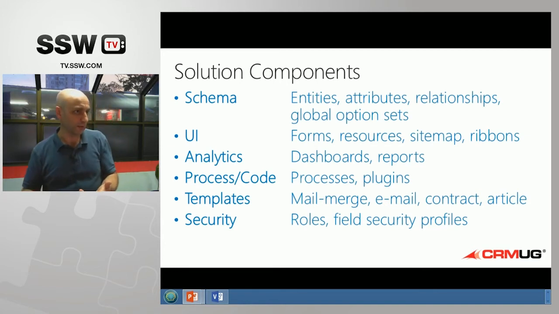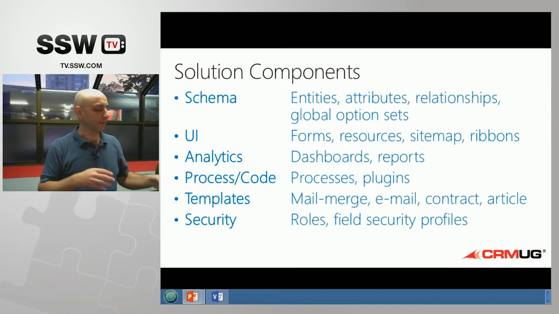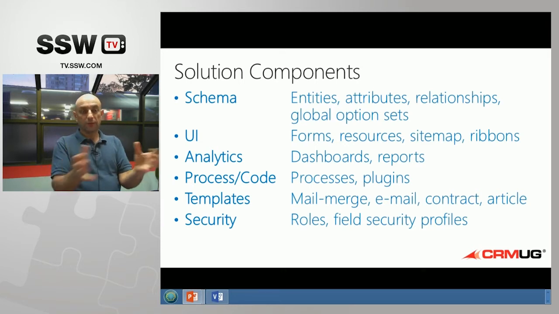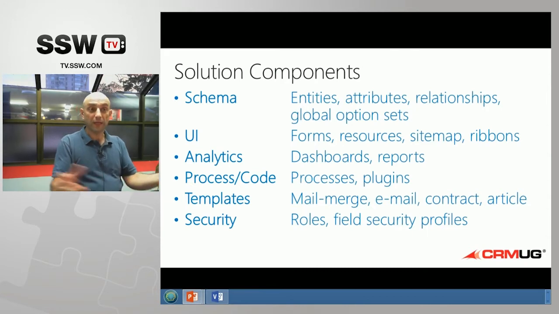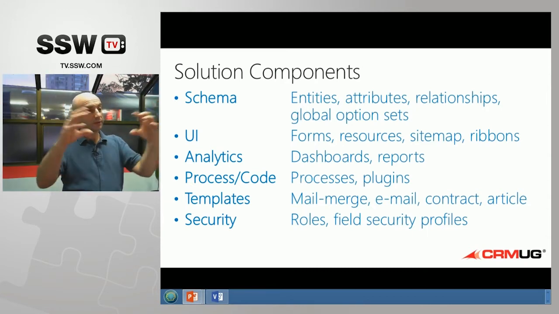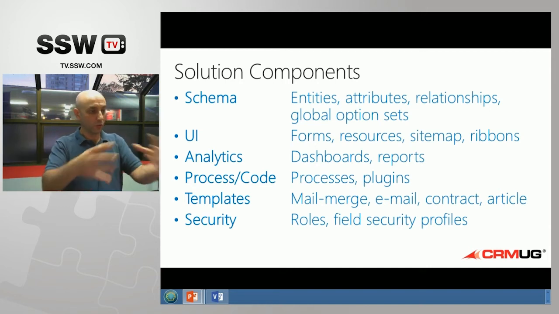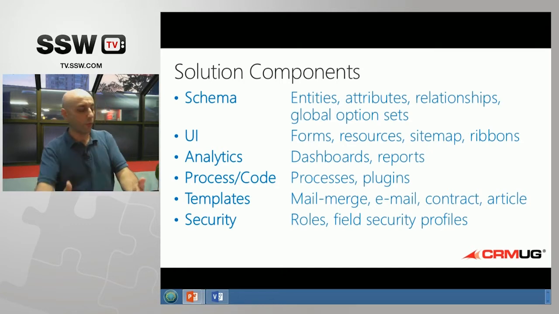It could be a pick list. Or a global option set. It used to be called pick list, but now option sets. So then the user interface, you've seen there are forms. There are different resources. I'll show you what resources are. Sitemap, that is moved up now, and ribbons is basically a set of commands applicable to your current UI, whether it would be a list or a form.